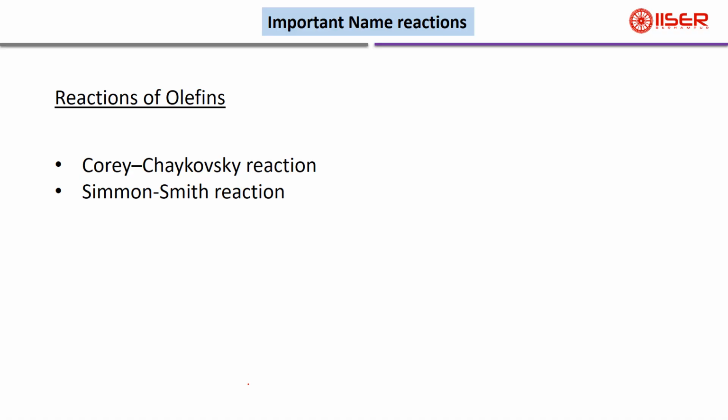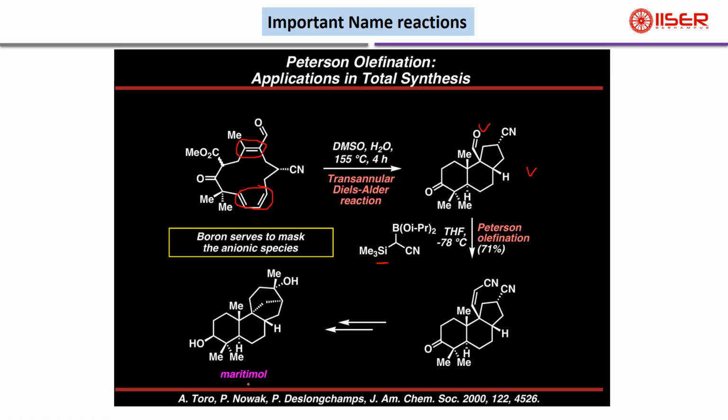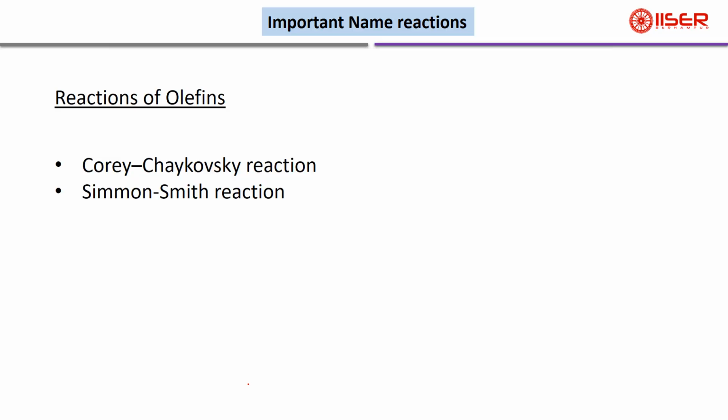Next topic will be, so we have almost completed all the types of olefination reactions. So if you face this type of reagent, you can now perform it, because in your assignments also, whatever questions have been given are based on some small reactions. Next is reactions of olefin.